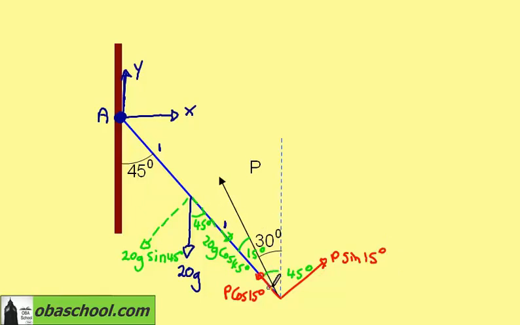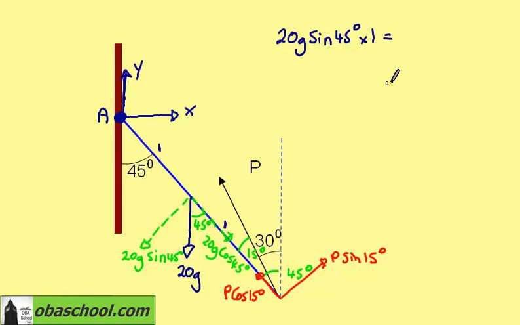The components which act along the rod act directly in towards A, and therefore have no turning effect. The only ones that have a turning effect are this component, and the turning effect is 20g sine 45 times the distance from A, and this one will turn us in a clockwise direction.